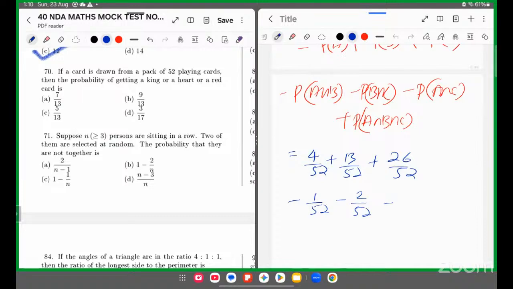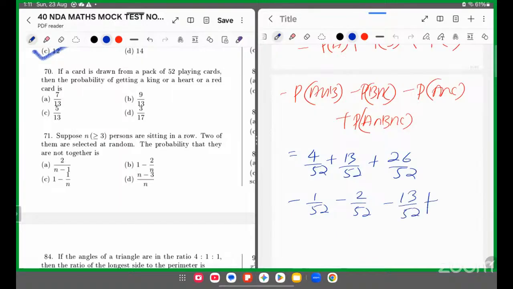King and red, 2 by 52. Heart or heart and red, that is 13 out of 52.